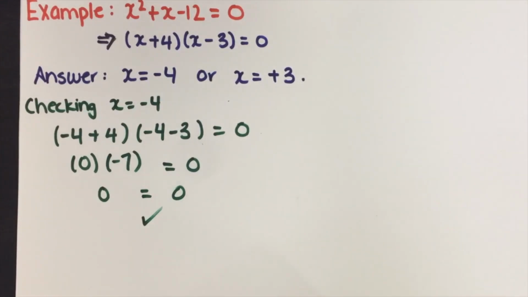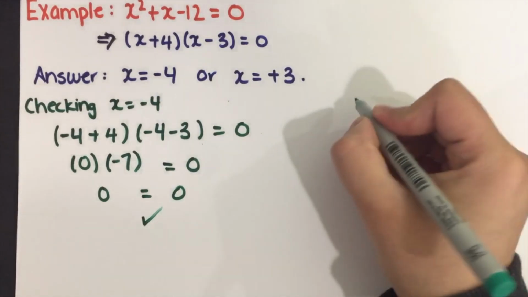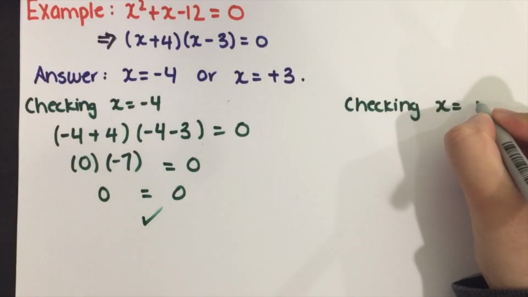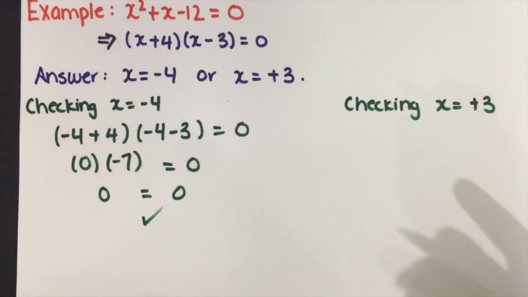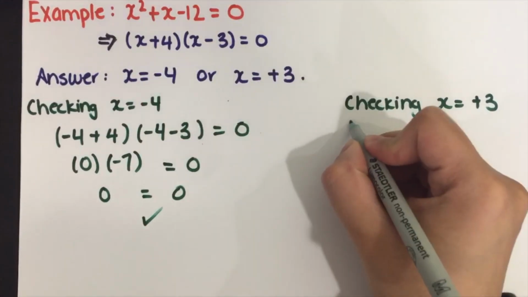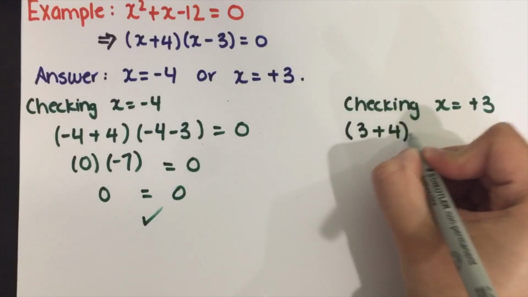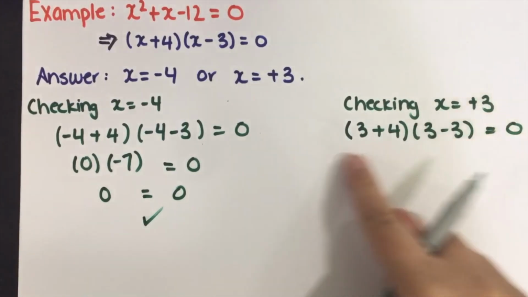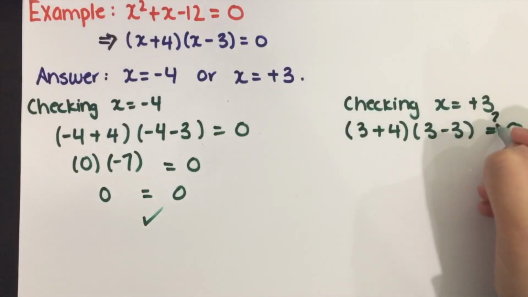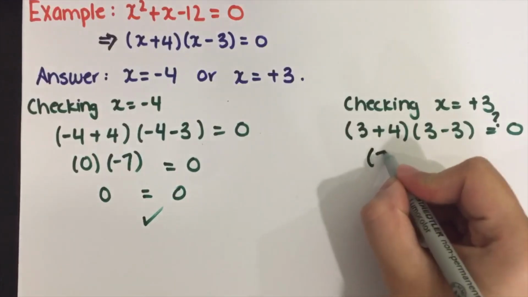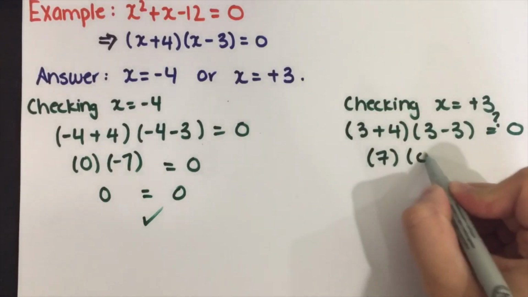Now let's check for x equals 3. Same thing, substitute positive 3 for x into our factored equation. So we have 3 plus 4 times 3 minus 3, and we're checking if this equals 0. 3 plus 4 is positive 7. 3 minus 3 is 0.